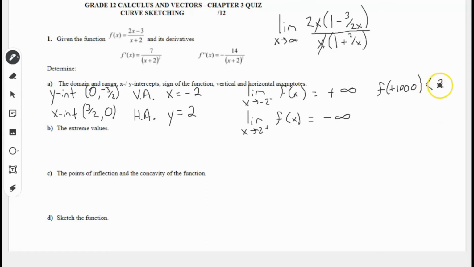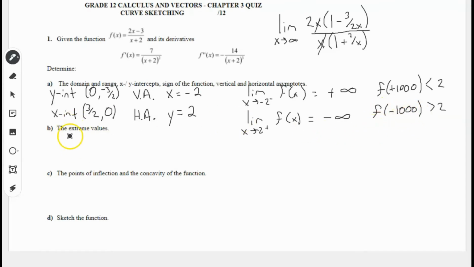So that means it's approaching that from below. Well, what about when we have negative 1,000? As x becomes very, very large negatively, we end up with a number greater than 2, which is where our horizontal asymptote is. So we're approaching that horizontal asymptote from above.